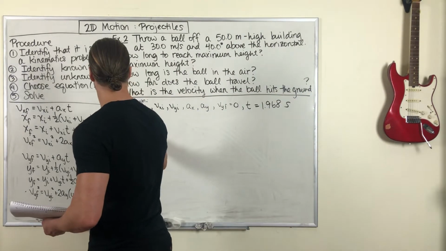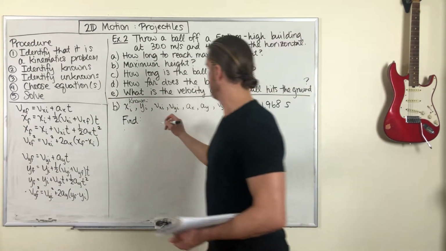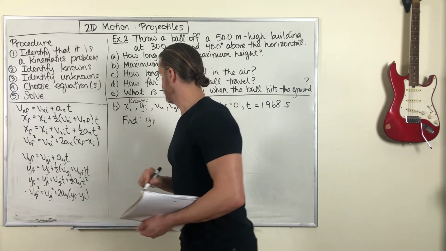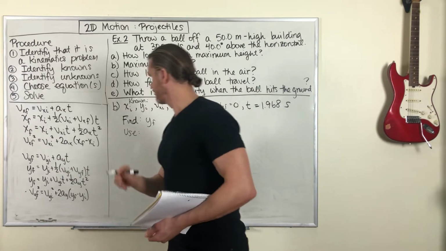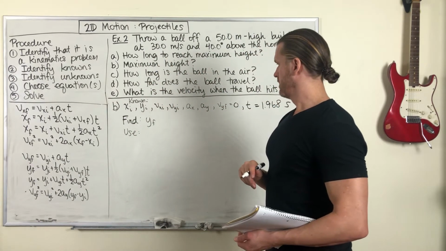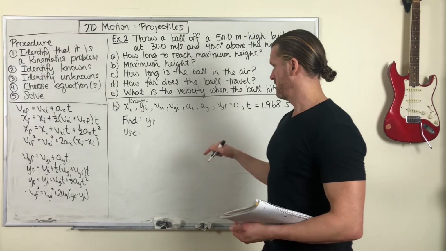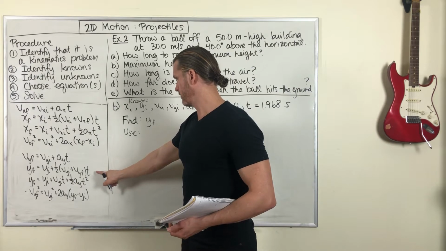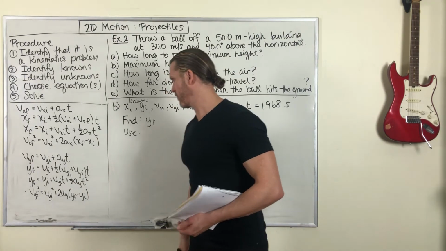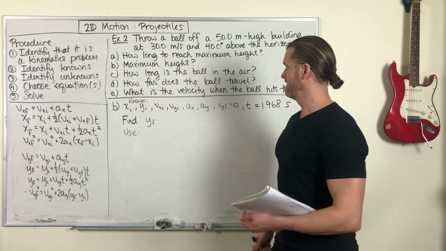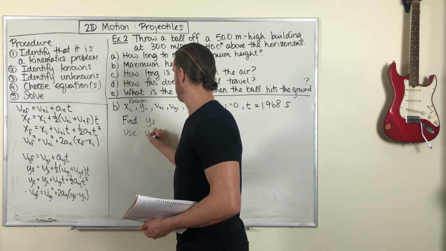So what we're trying to solve for, our unknown quantity, is y final. We have a couple options this time. We could use the second, third, or the fourth equations. And like last time, I'll just use that second one.